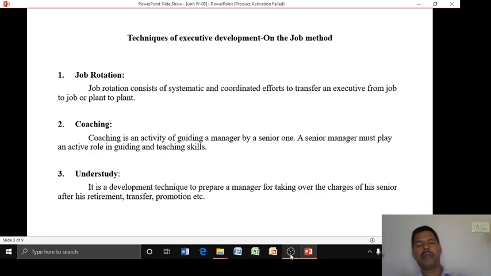If some senior member is going to be retired, transferred or promoted, then to fill that position, we have to train the junior manager, and the senior will guide him properly. Here, in understudy, the junior manager has to study the nature of work and other related aspects under that senior employee or senior manager of the company.